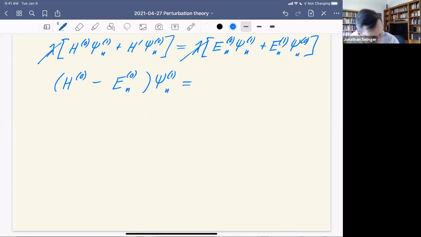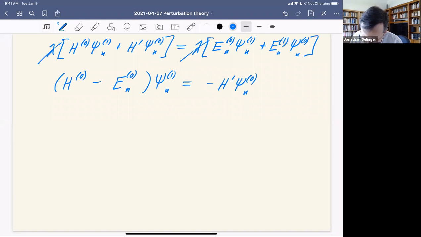And that has to be equal to the other stuff, so equal to negative H prime, the perturbation in the Hamiltonian, acting on psi 0 n.